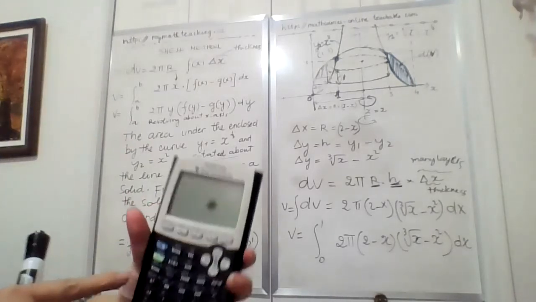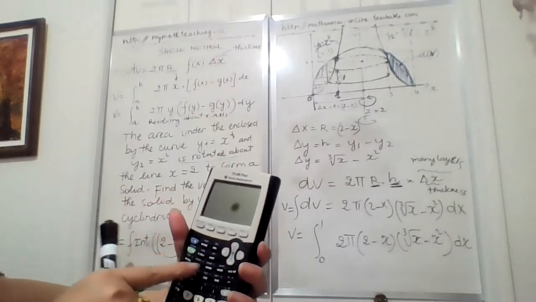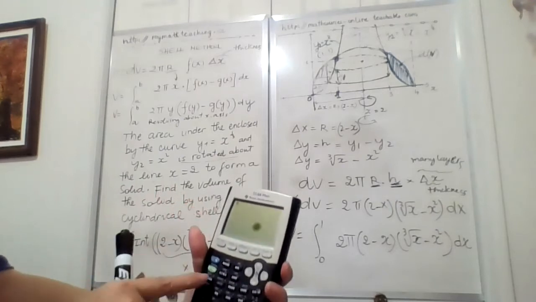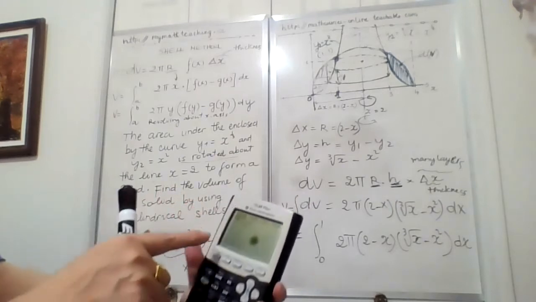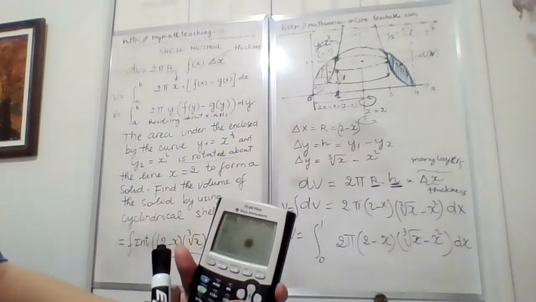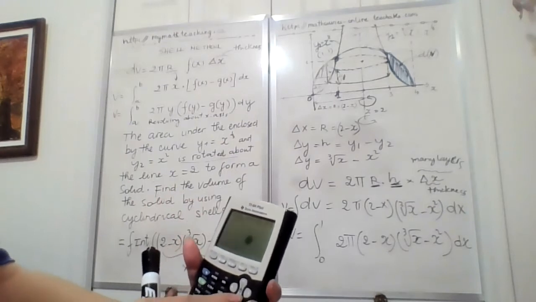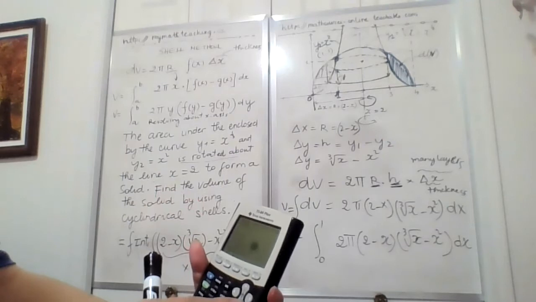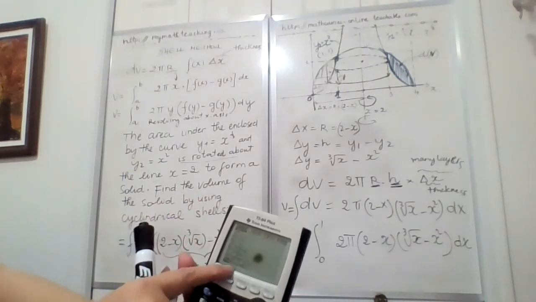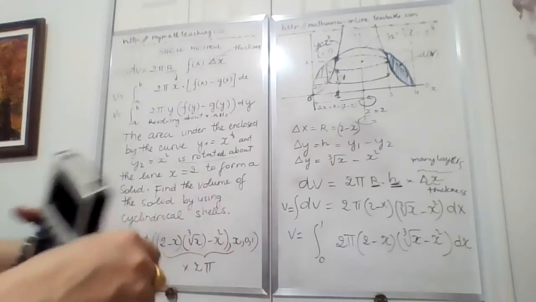So on your calculator, I'm going to show you here, you will hit the math button, turn it on first, right? You hit math and you see a bunch of numbers. So you will scroll down to number 9. You will see this is fnInt. Actually fnInt, I'm missing the n, right?